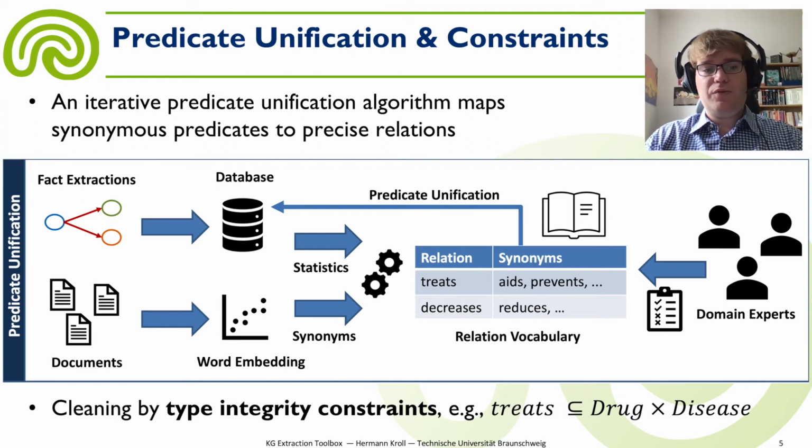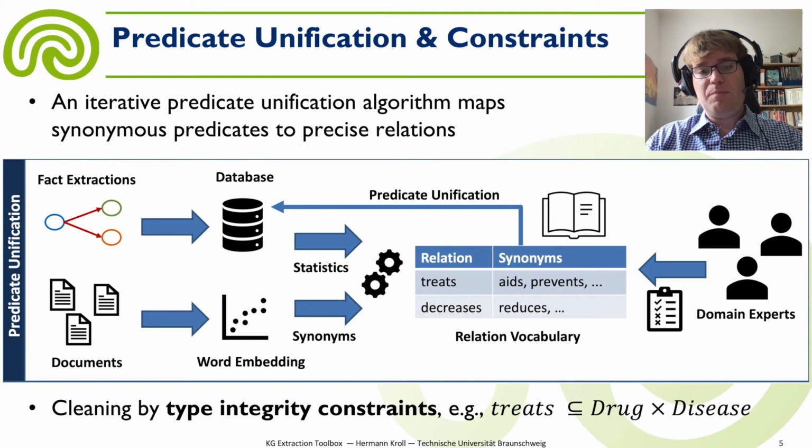The idea is that you perform the extraction step, then you have a database with these statements, and then you get some statistics, like what is the most frequent predicate, and so on. Experts can read these predicates, have a look at the statements, and can then build a relation vocabulary. In this example, they decide to build a relation called treats, and add the synonyms aids and prevents to this relation. Then the predicate unification can be applied, and the database will be updated. Now all predicates which are aids or prevents will be mapped to the relation treats.